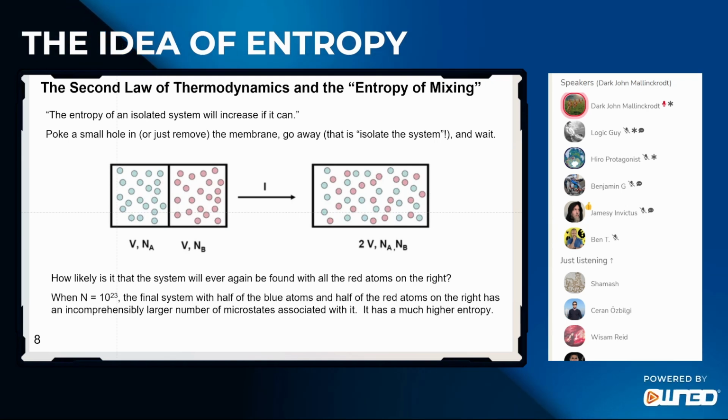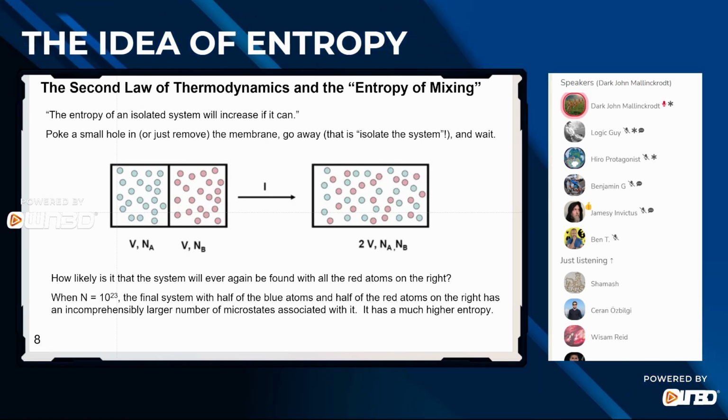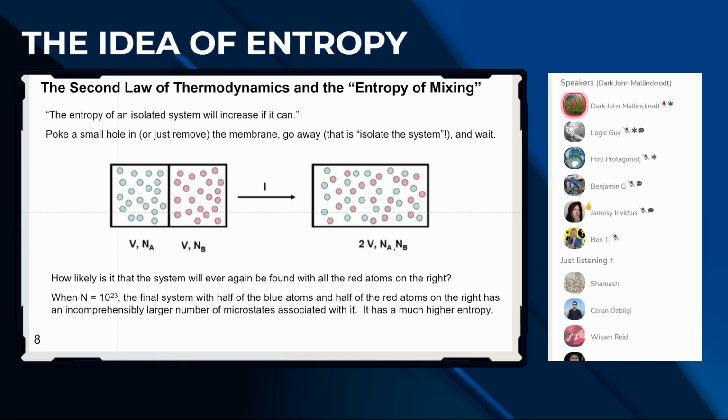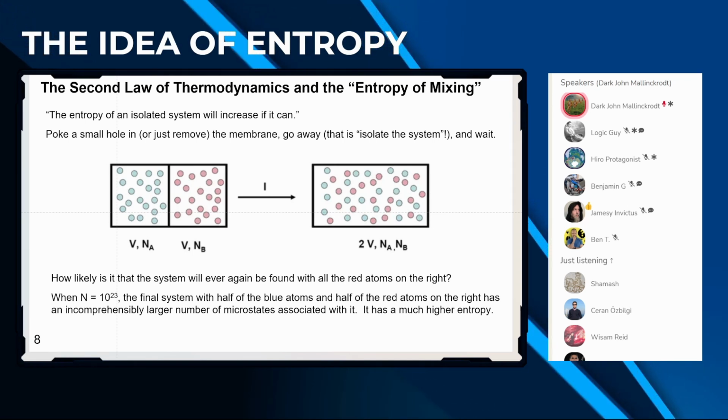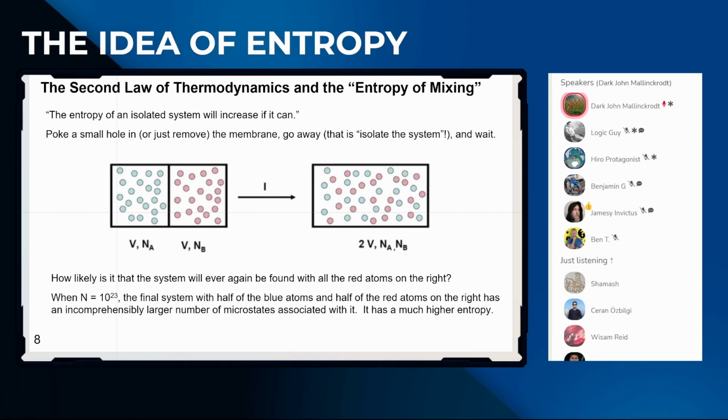When they mix, they will come to a common temperature, and that common temperature will reflect the fact that the entropy of the system has increased as a result of that. There's another subtle way in which things are different afterwards than they were before, even if the temperatures are the same, the numbers are the same on both sides.